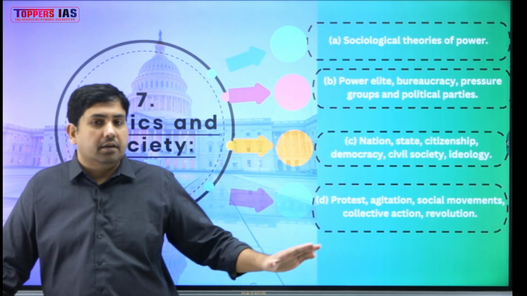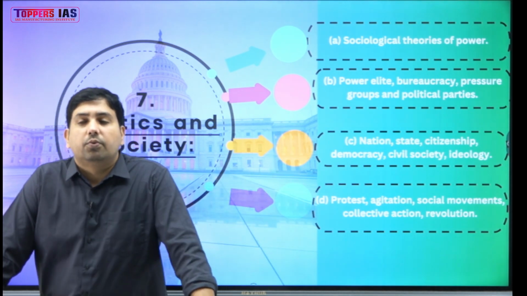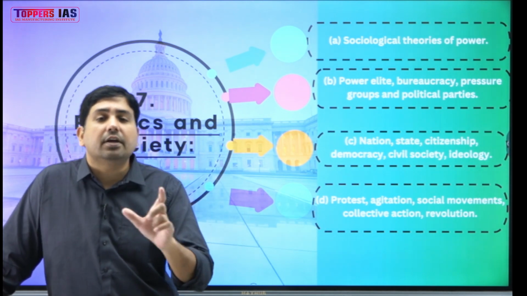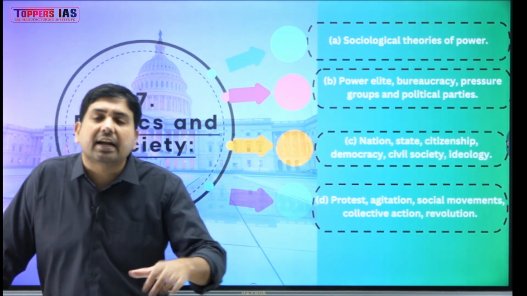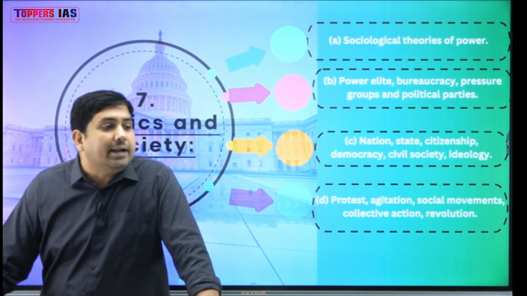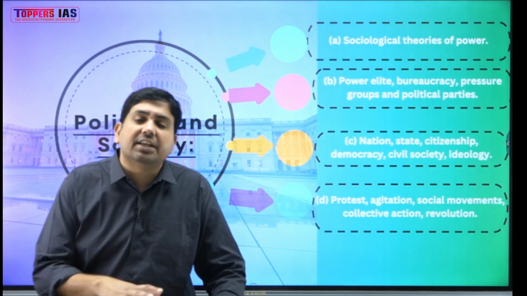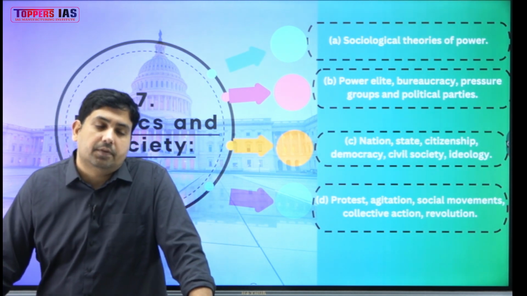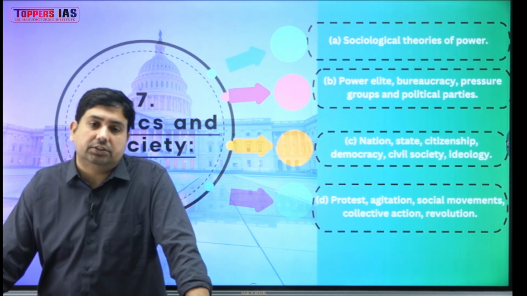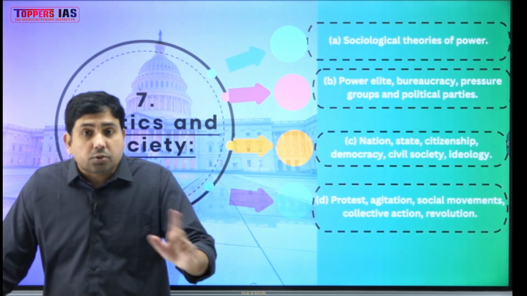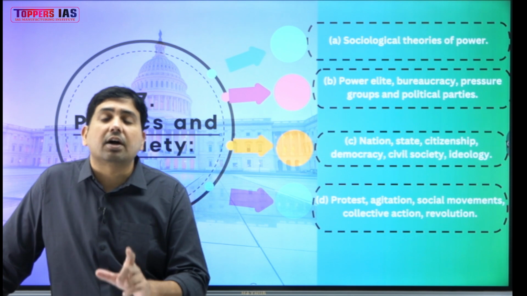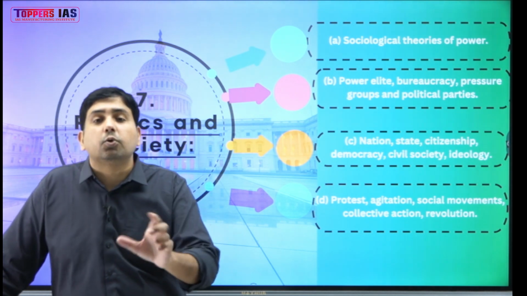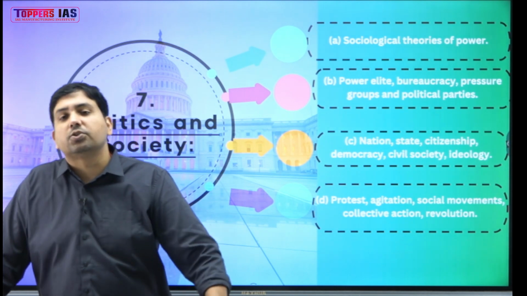This topic looks at the different ways in which people collectively try to bring about social or political change, or try to resist it. A social movement is an organized or sustained collective effort by groups of people to promote or resist social change.